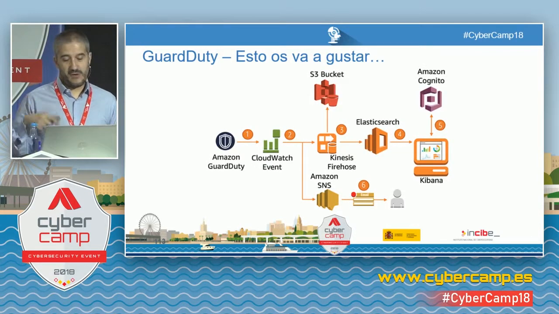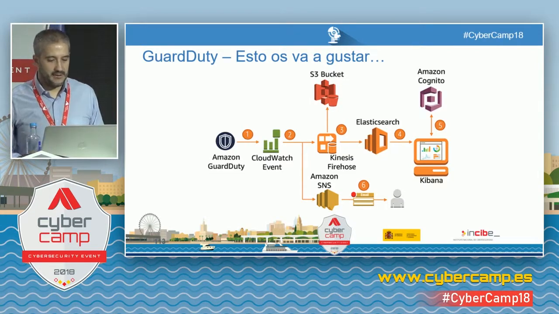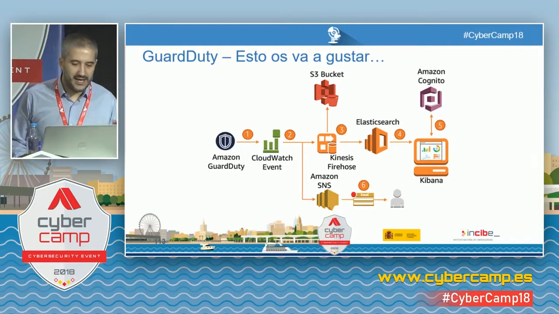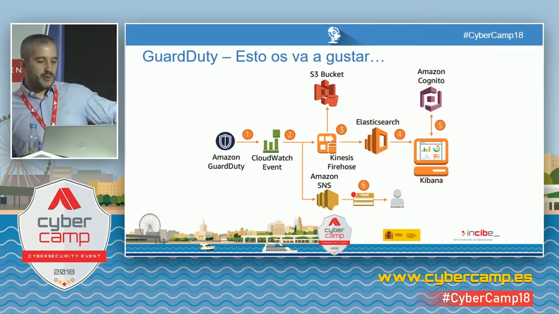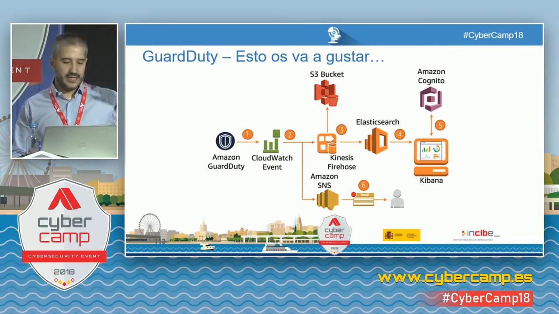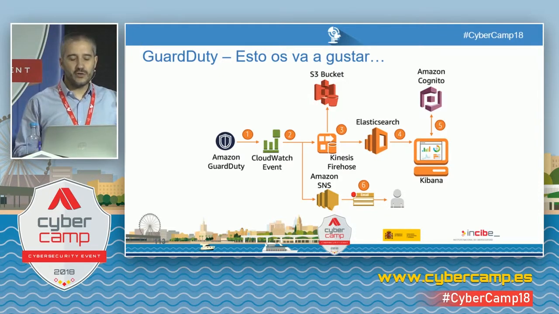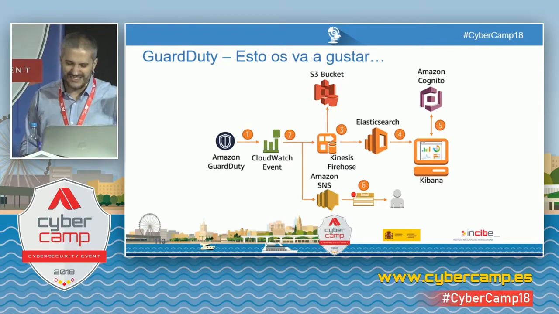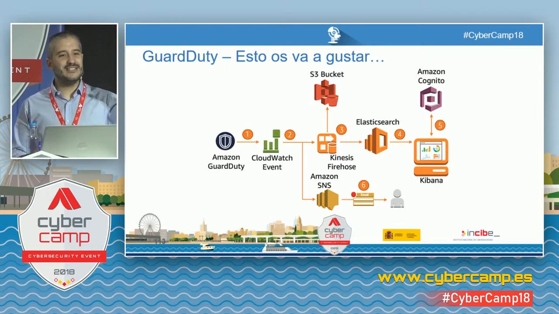I'm pretty sure you're going to like this, and this is the cherry on the cake for us to finish the presentation. It's ever so simple, but have a look at this example, starting with GuardDuty, sending events to CloudWatch, and that will send a message to the user and to a Kinesis stream.